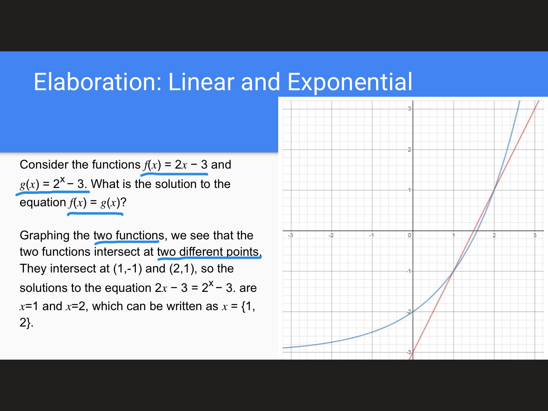So you see over here, we can see where they intersect right here and where they intersect right here. At (1, -1) and at (2, 1). So the solution to the equation, where we set the two parts equal to each other, are x equals 1 and x equals 2. Okay, and we can write that as x equals, and you see the brackets, {1, 2}. Remember that we're looking for the x values where they're equal.